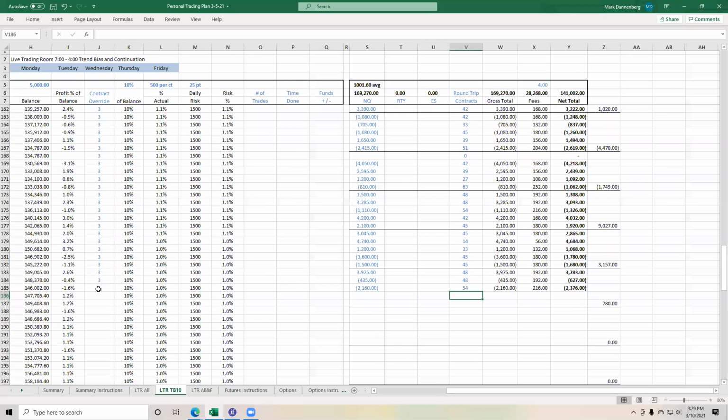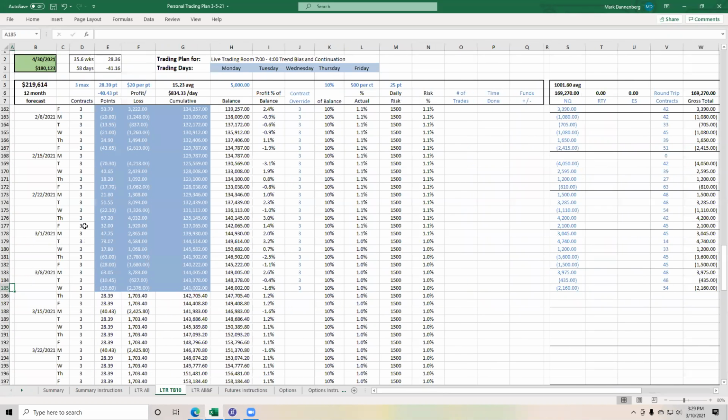In the 7 to 4 category, we have 7 to 4, but taking only the trend bias signals and the trend continuation signals. We started this trading plan at the same time, and so we're 35.6 weeks in. We have 58 losing days.